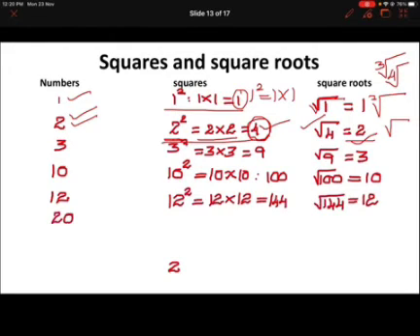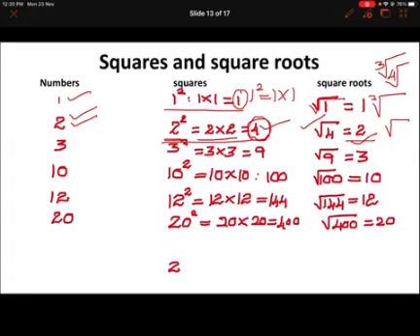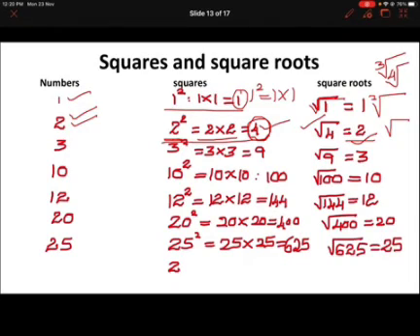Square of 12 is 144. Square root of 144 is 12. Square of 20 is 400. Square root of 400 is 20. Square of 25, I have skipped some numbers here. You can try for all the numbers. 4 square, 5 square, 6 square, 11 square, 14 square. For anything, write the square and then the root. Okay, children? 25 square is 625. Square root of 625 is 25.